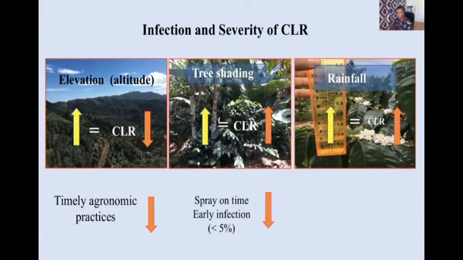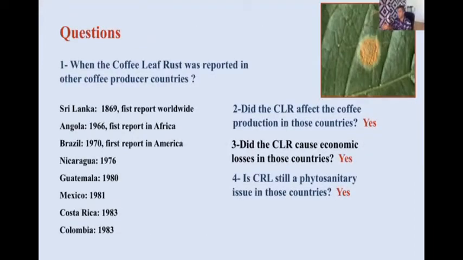There are some questions that I want to put to us. Like Lisa told, she went back through the history, and it was very good. I put here this question: when was the coffee leaf rust reported in different countries? Here we have a list of the countries, from Sri Lanka, Angola, Brazil, and many places in Central and South America. Then, did the coffee leaf rust affect the coffee production in those countries?